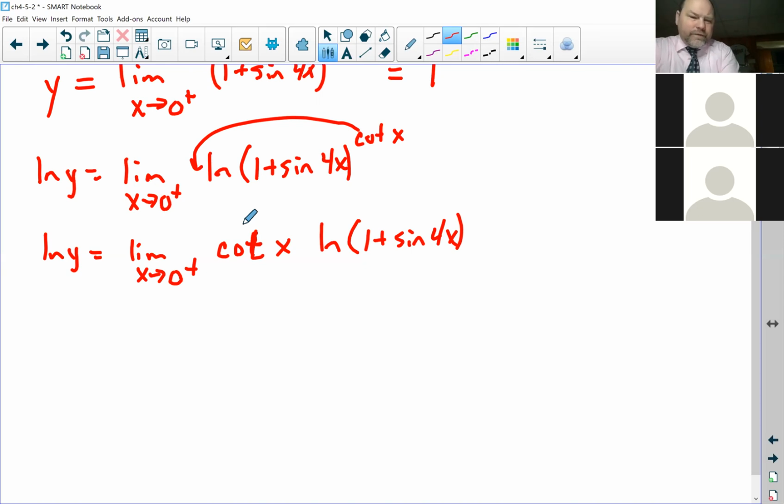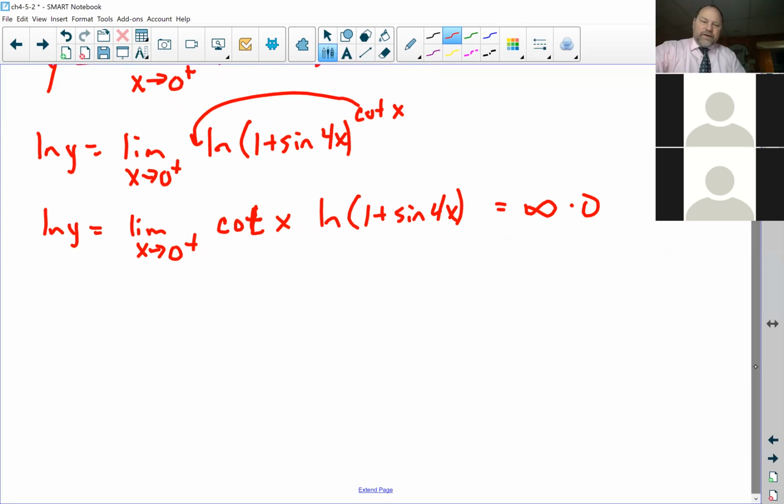And if I look now, this would be infinity times the ln of 1, and the ln of 1 is 0. So now it's rewritten from that indeterminate power to an indeterminate product, and then I can rewrite it as a quotient.